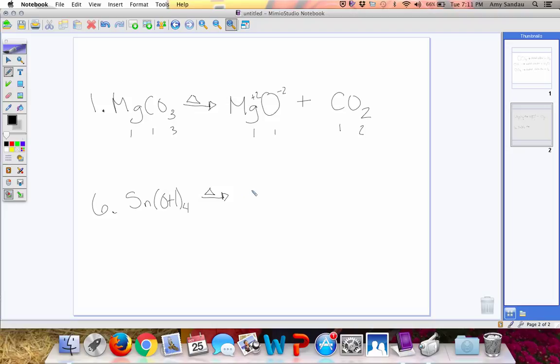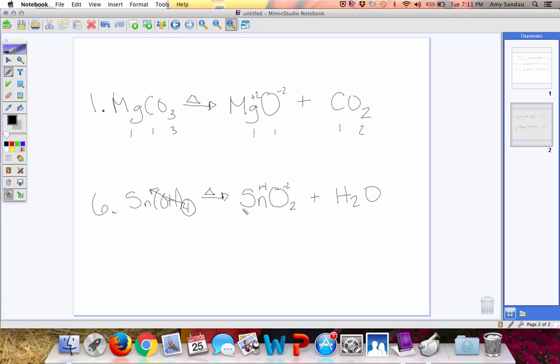The metal in this case is tin, and we know that the tin's charge must be +4 because of the charge given in the formula. So we'll put a +4 up there. Since it's a metal oxide, I'm going to put an O here, and I know that's a -2. When I crisscross, it becomes 2 and 4, which can reduce to 1 and 2. And that is added to the second product for hydroxides, which is water.